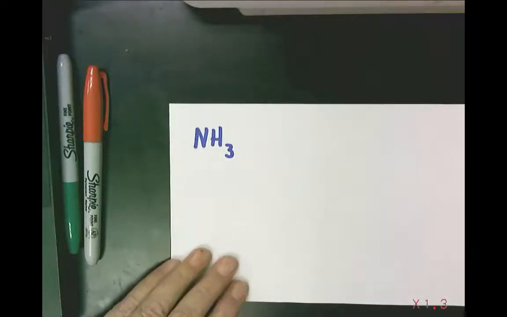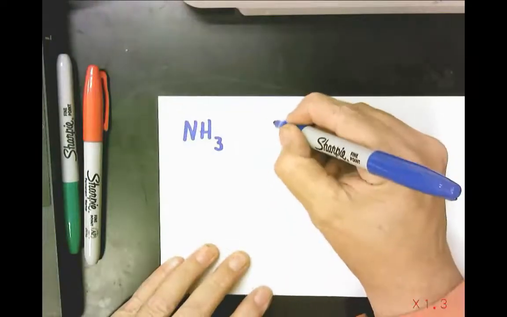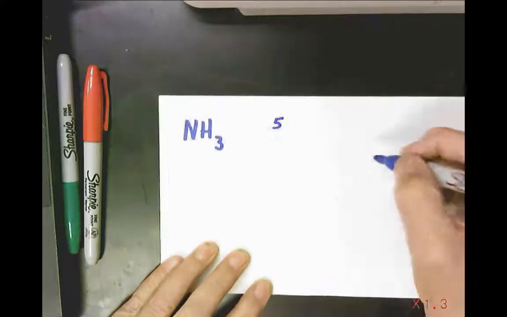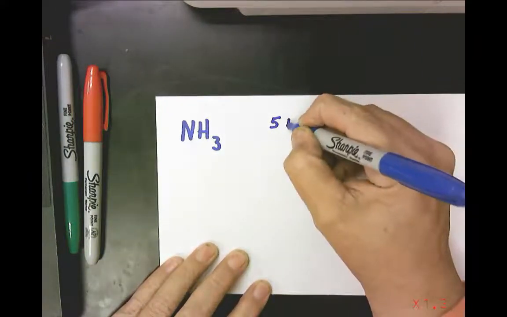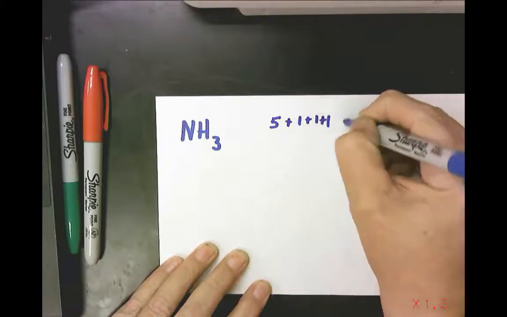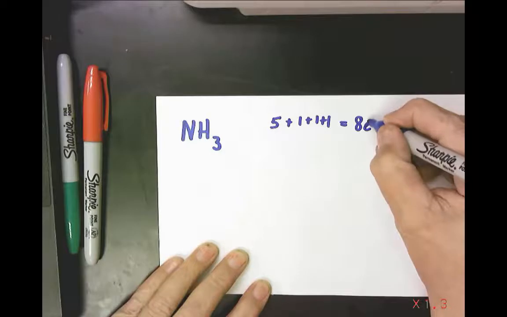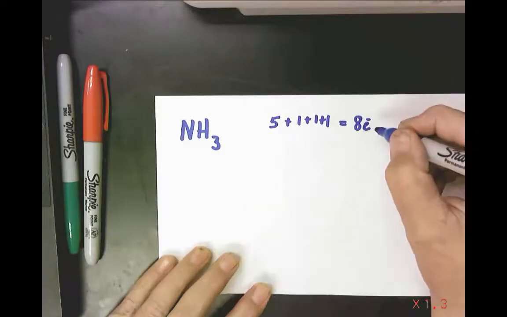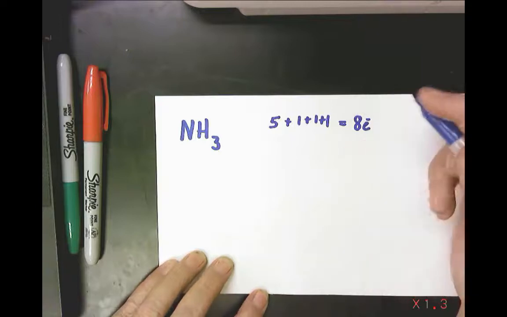Okay, so I'm counting all my valence electrons. Nitrogen is in group 5A, so we've got 5 valence electrons for nitrogen, and hydrogen is in group 1A, so plus 1, plus 1, plus 1. So we're dealing with 8 electrons. Okay, so you want to keep track of the electrons by counting up as you're adding dashes and dots.